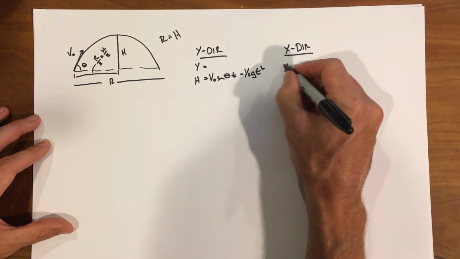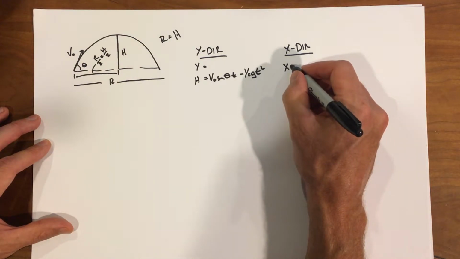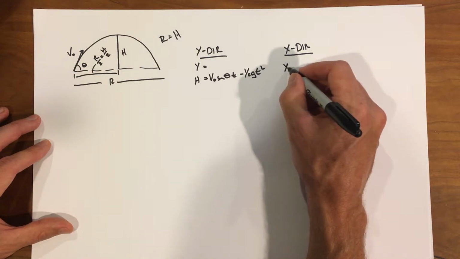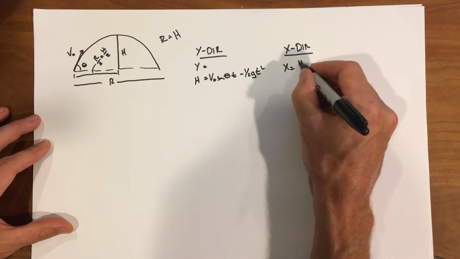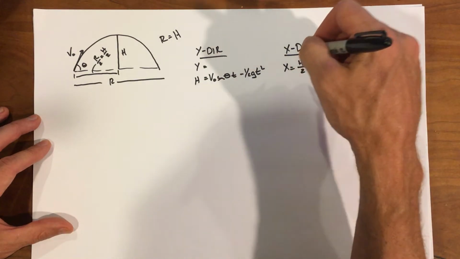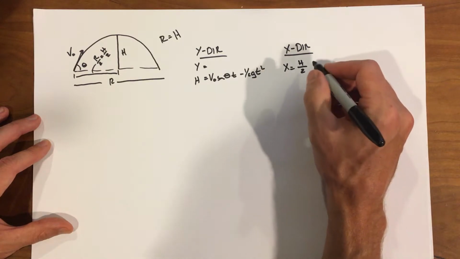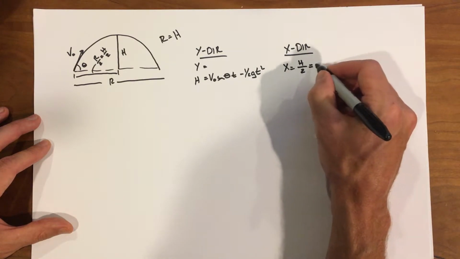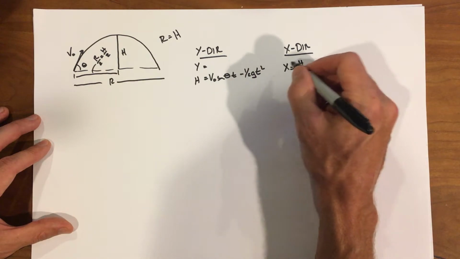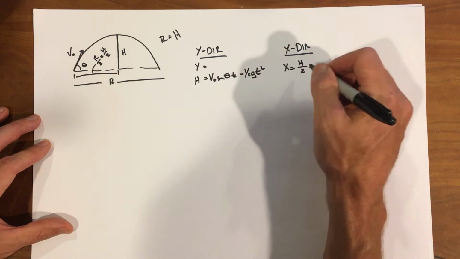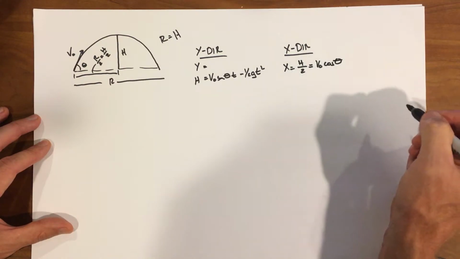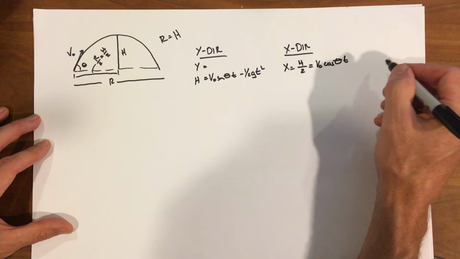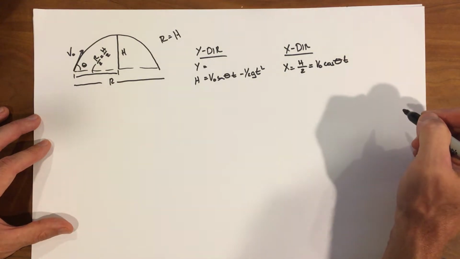This x isn't the overall range, it's half of the range, which is equal to H over 2 because R is equal to H. So H over 2 is equal to x naught, which is 0, plus v naught x, which is v naught cosine theta t, plus 1/2 a t squared. I have no acceleration in the x direction.